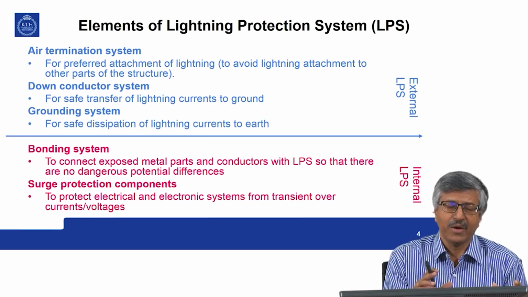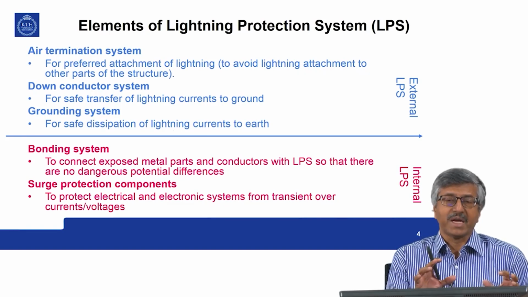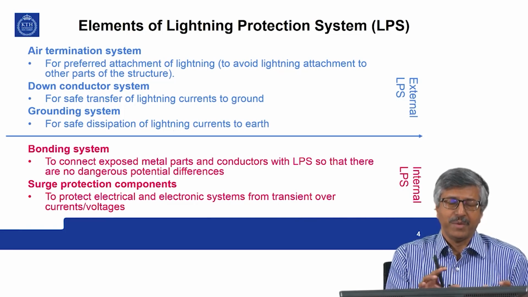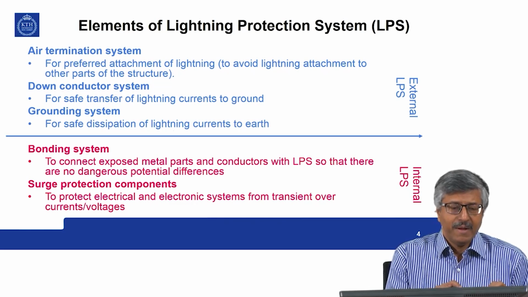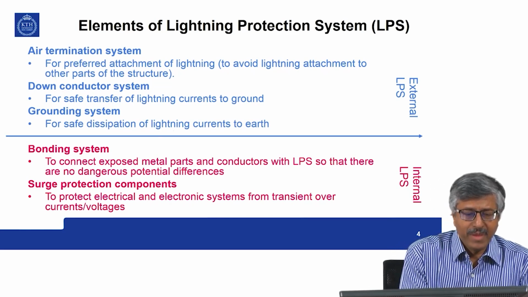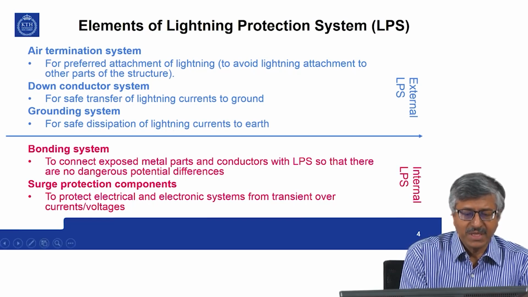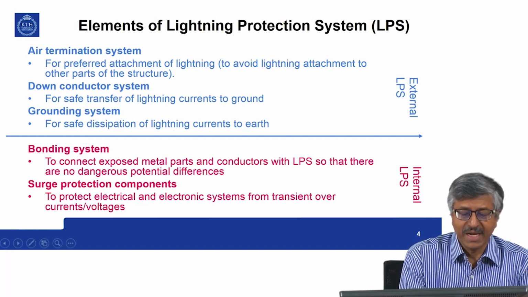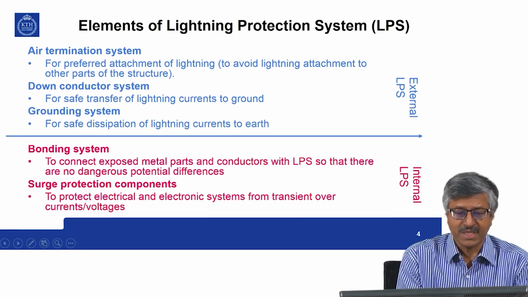So, you create a lot of internal potential differences which can create sparking and be harmful to people. So, you want to prevent that. So, you want to bond everything together. So, that is the purpose of bonding. Then surge protection components protect electrical and electronic systems from transient overcurrents and voltages.